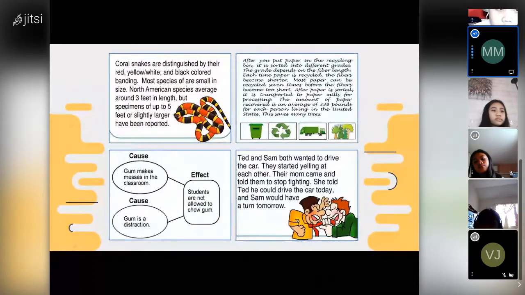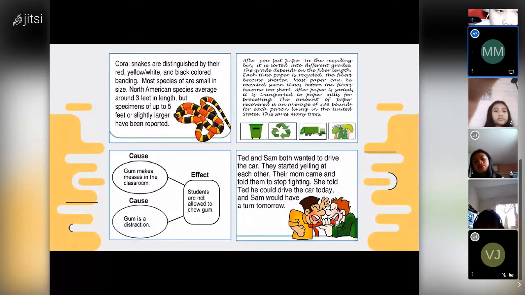Athea, which picture shows a sequence of events? Is it the fourth picture? The second picture. Okay, thank you, Athea.